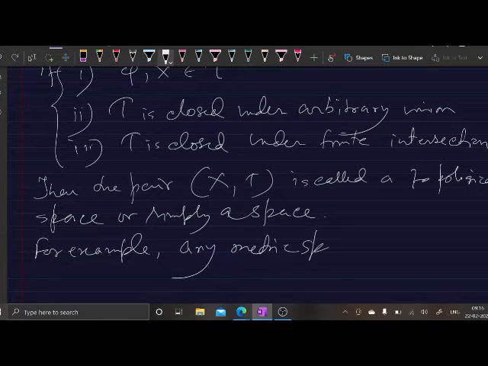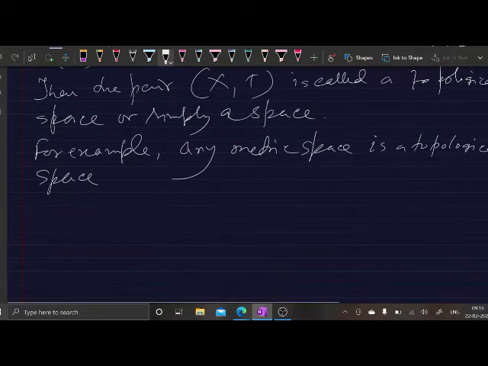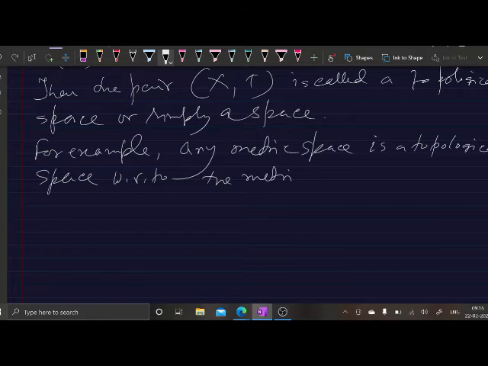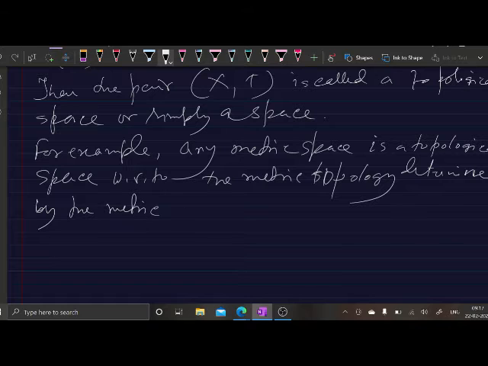So any metric space is a topological space with respect to the metric topology, determined by the metric defined on X, defined on the set.